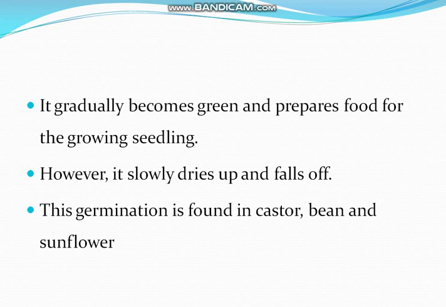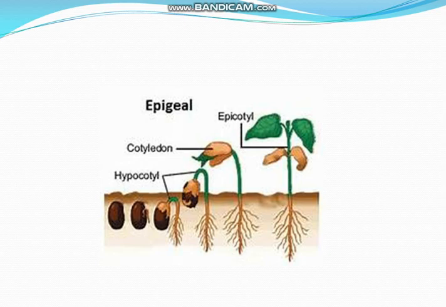However, it slowly dries up and falls off. This germination is seen in castor, bean and sunflower. These are the examples. Castor, bean and sunflower showing epigeal germination.